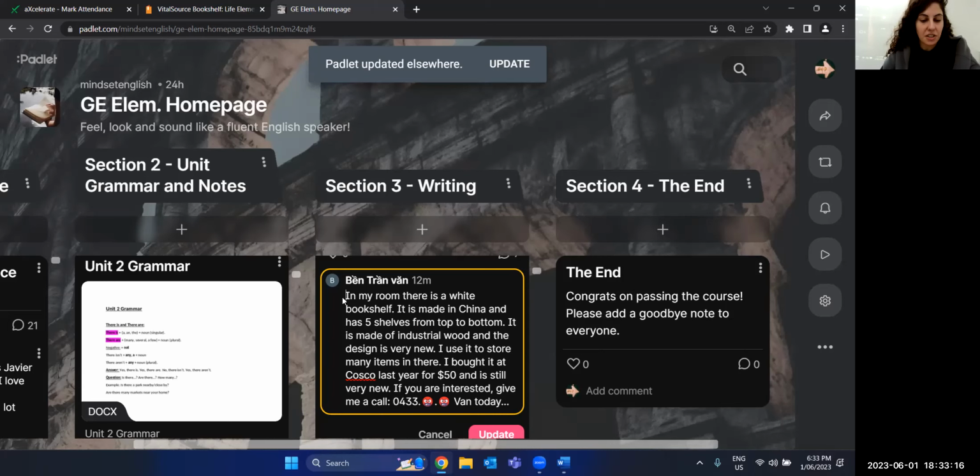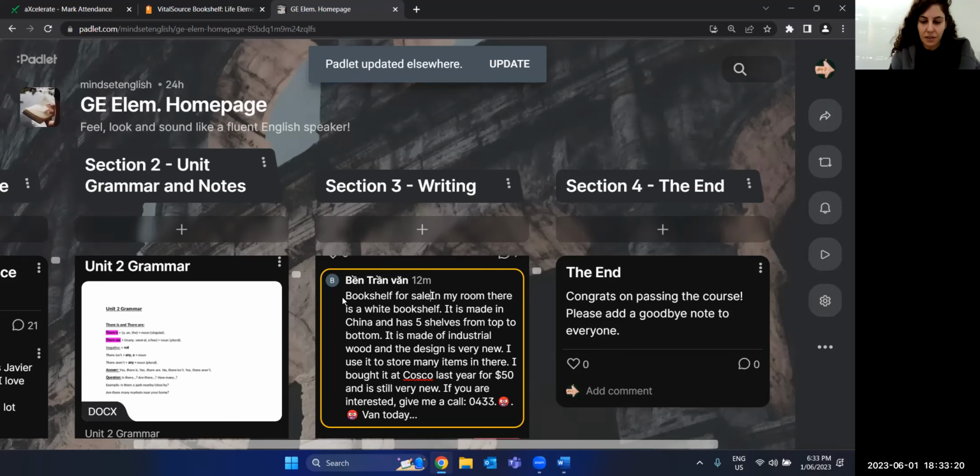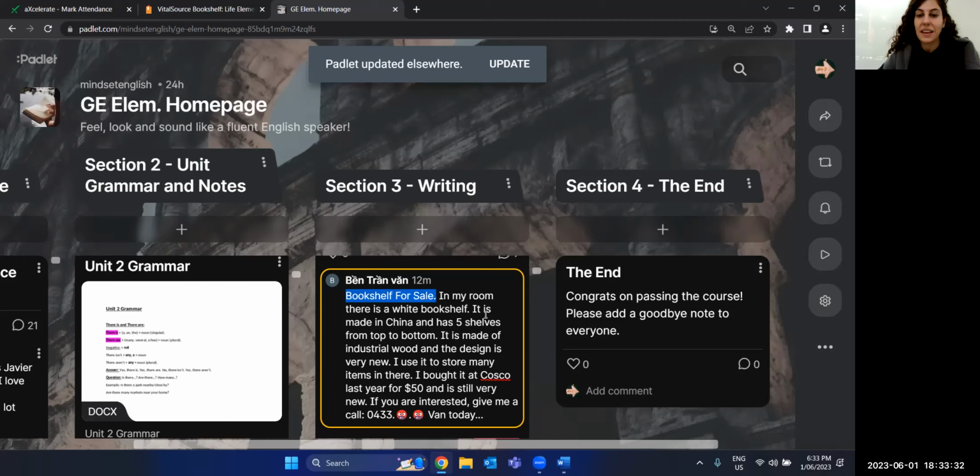So maybe just a title. What is it? A bookshelf for sale. That would be your title. And then the description. You can see what I did, I capitalized the sentences. Perfect. Where it's made, how many, he gave details, maybe the color, the material, well done, industrial wood, where he bought it from, when. I bought it for $50, it's still very new.